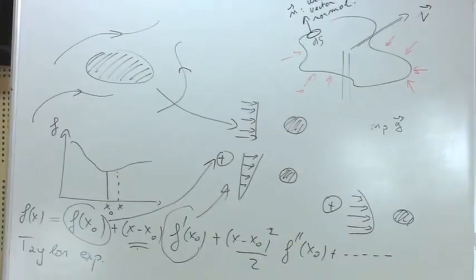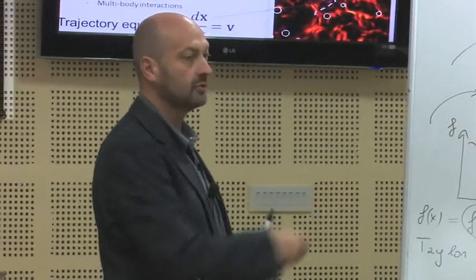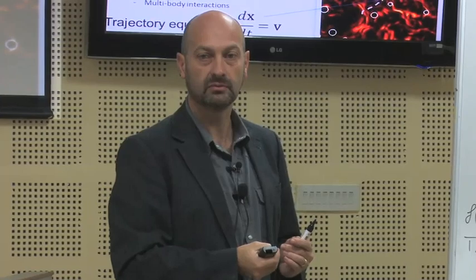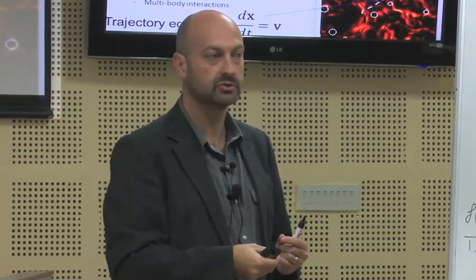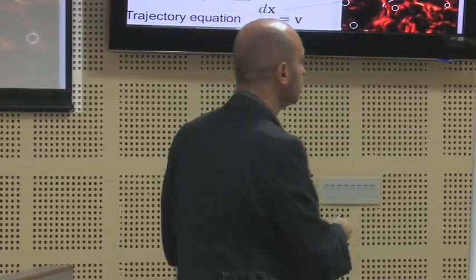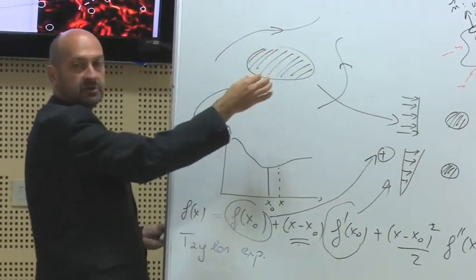Then I'm going to say, okay, the flow is actually not constant. It has a linear gradient. It is linear in space, like this. So what is the force due to a linear gradient in the flow? And that will give me a second contribution. And then what is the force due to a parabolic profile? So you see that we do something like a decomposition of the complex flow at the position of the particle.